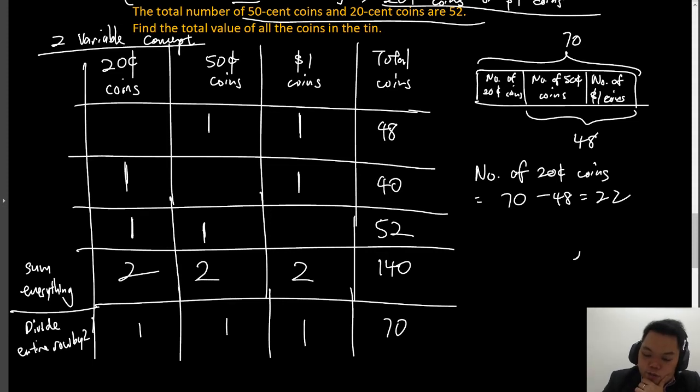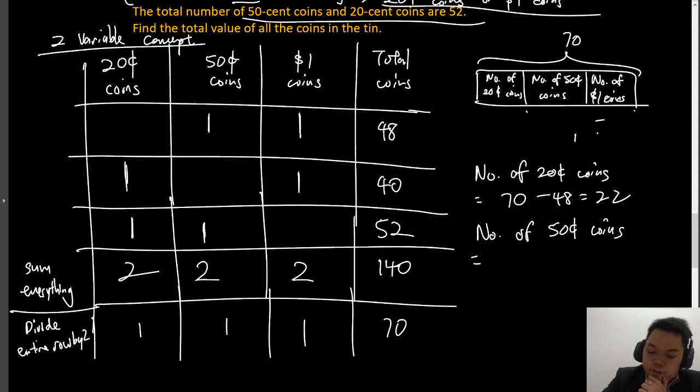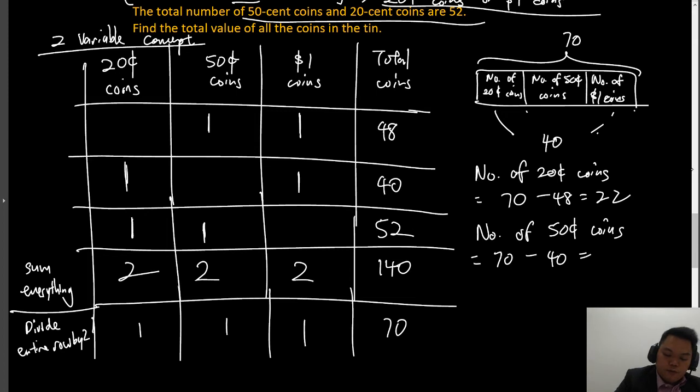So once we got this ready, the number of 50-cent coins can also be found in the same manner. If your number of 20-cent coins and the number of $1 coins adds up to 40, as you can see over here, then your number of 50-cent coins would have to be 70 minus 40 to give you 30.